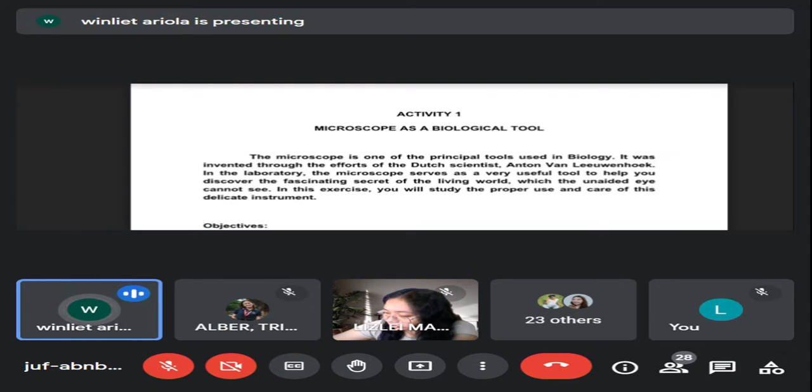And of course, don't forget the formula on how to compute for the total magnification of an image viewed under the microscope. Not just familiarize, I want you to memorize the different parts of the compound microscope. Kasi magkakaroon tayo ng identification or labeling.